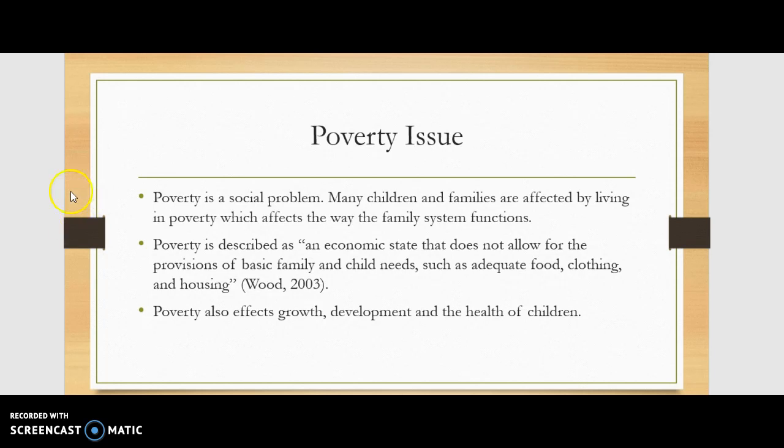Poverty is a social problem. Many children and families are affected by living in poverty, which ultimately affects the way the family systems function. It's a huge issue in the United States. It's a huge issue worldwide, but the focus is more on poverty in the United States.